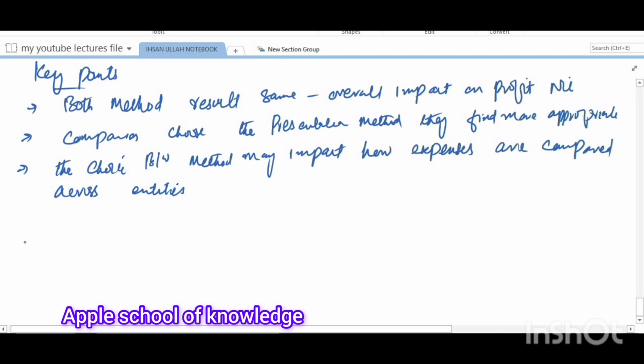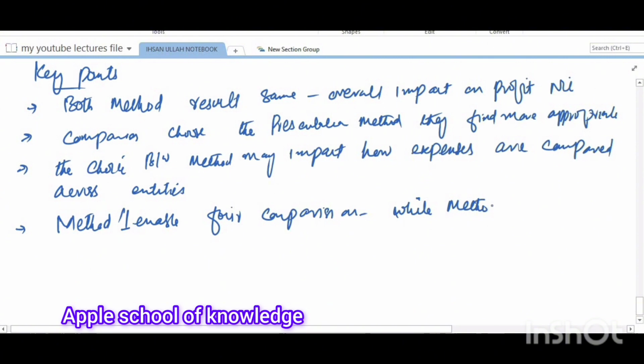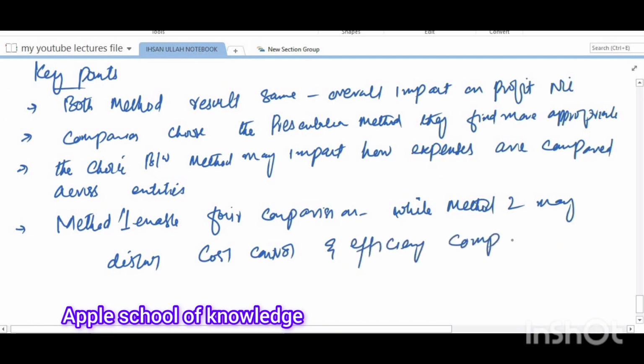So if we are thinking from the investor perspective, then method 1 enables a fair comparison, while method 2, a deduction, may distort cost control and efficiency comparison. Clear? Now let's move on.